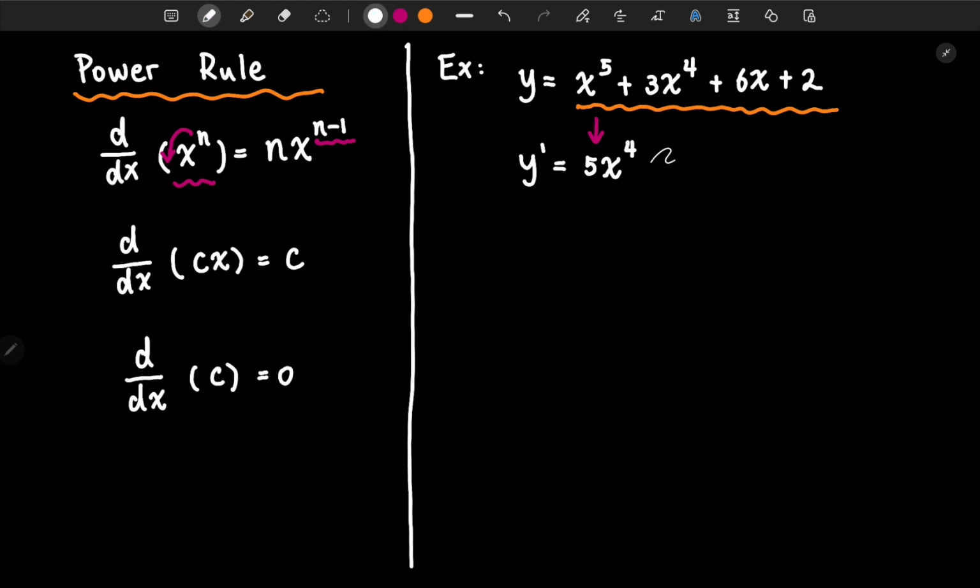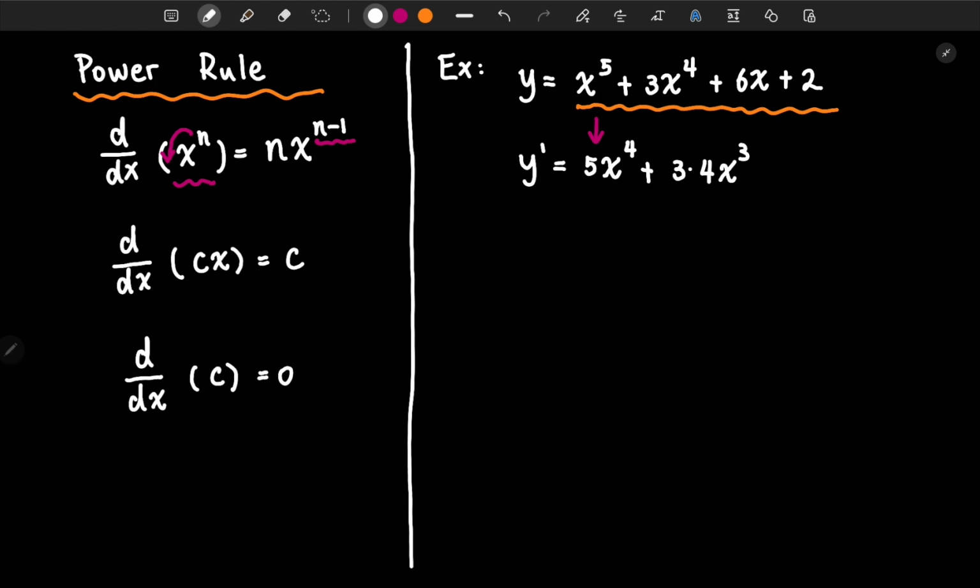Okay, then we do the same for the next term. This is 3x to the fourth power. The 3 is a coefficient, so we can keep the coefficient in front of our term, which becomes 3 times 4 because we bring down the power, x to the 4 minus 1 power, which is x to the third power.